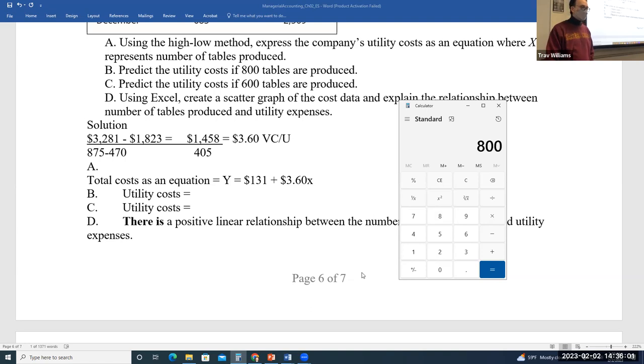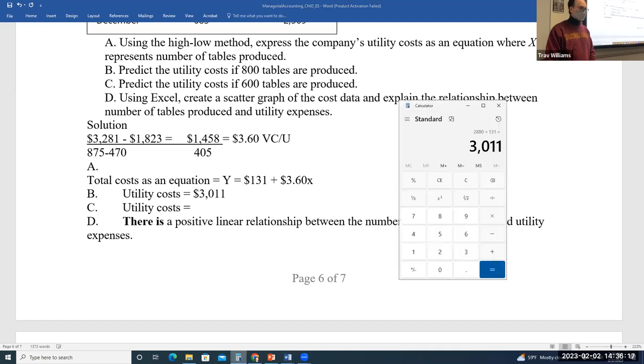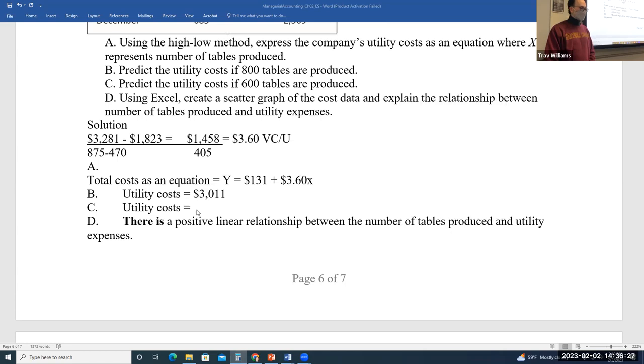Okay, 800 units times 360 per unit. Then what? Plus the 131 fixed costs. So it looks like 3,011. And we can do that one more time for 600 tables for part C. 1,291.